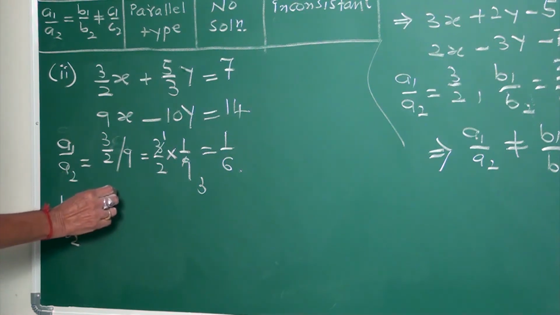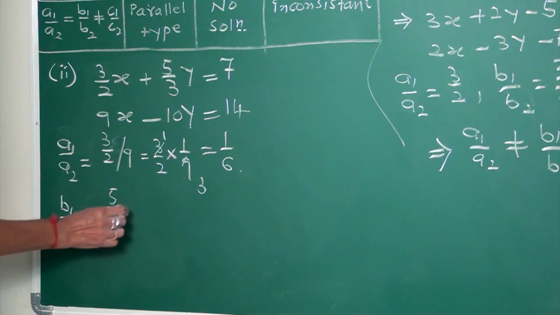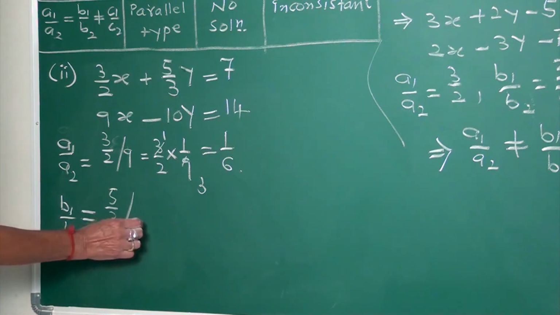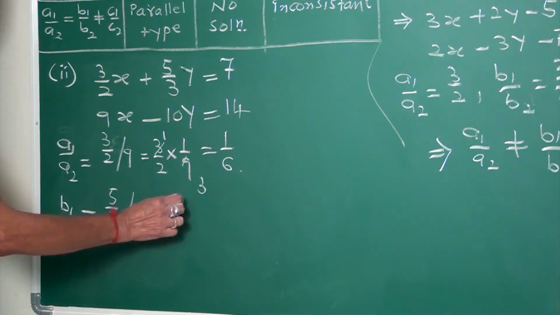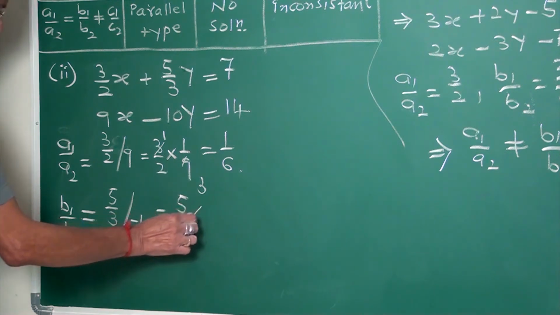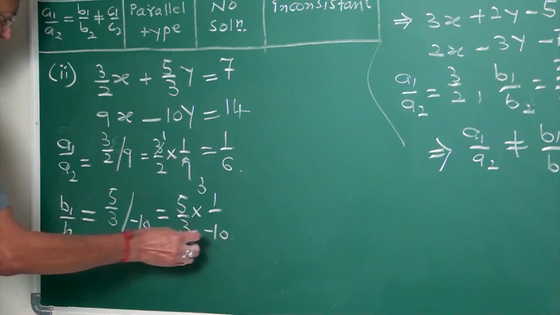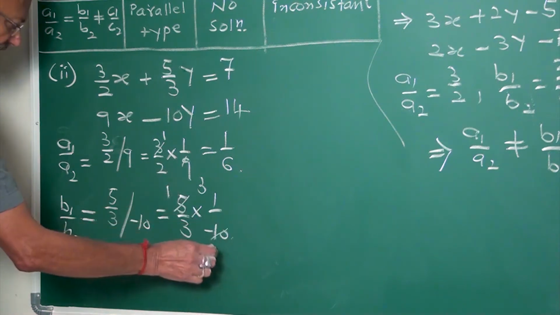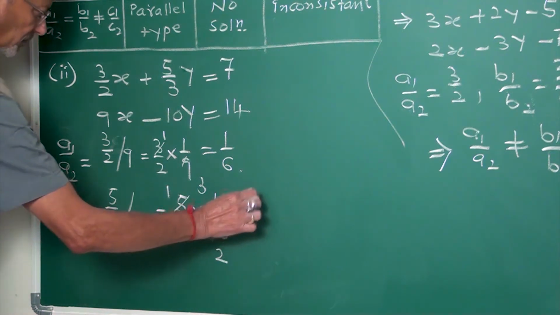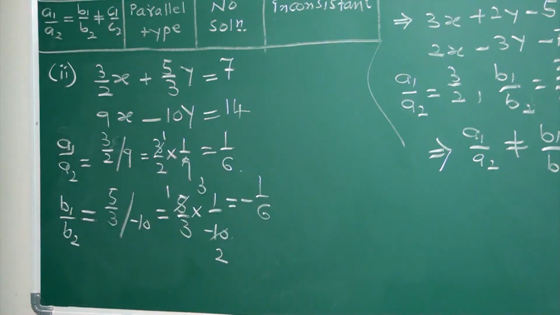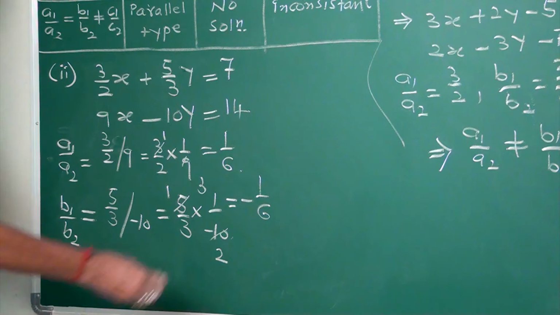What is B1? 5 by 3. Down is minus 10. Simplify. 5 by 3 into 1 upon minus 10. Yes. 5 cancels with 10. What is it? Minus 1 by 6.